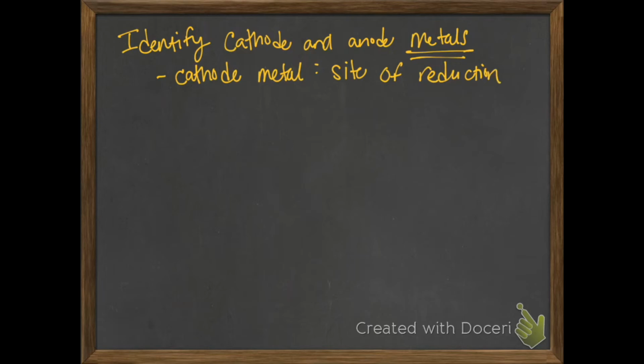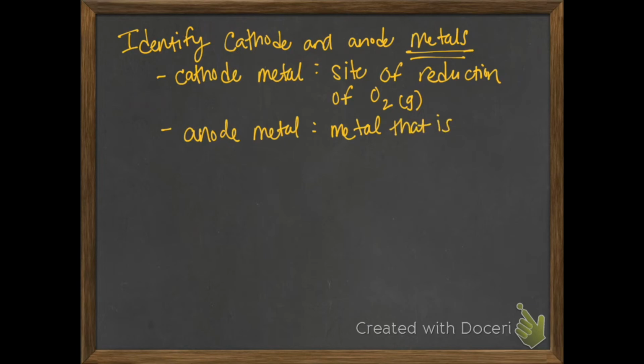The cathode is the site of reduction, and it's always a metal. In this experiment, the anode metal is the actual metal that is being oxidized. Whatever is being oxidized is going to be a metal in this experiment, and that is your anode metal.